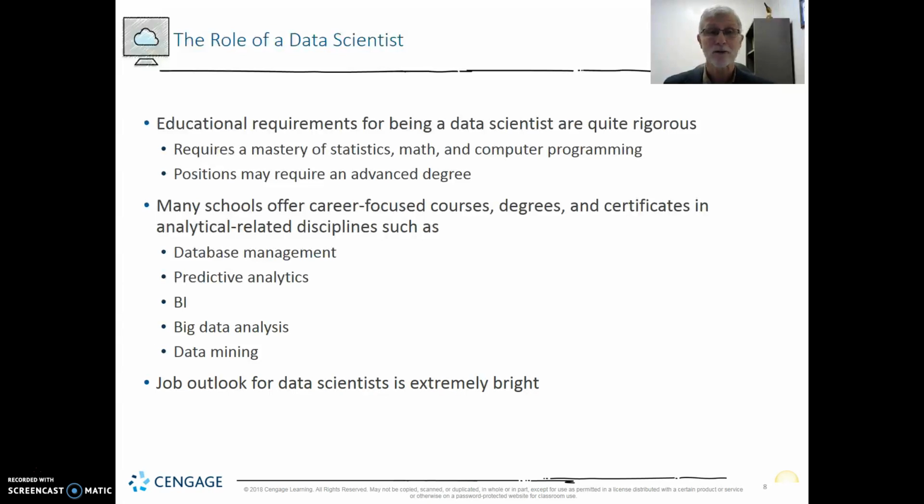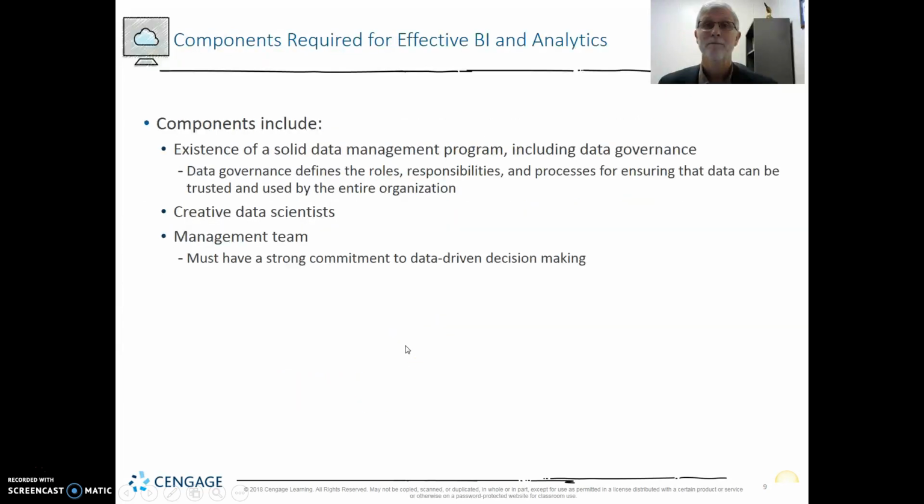It may require you to go to advanced schools, but it may be a good direction to go. There are certificates in data management and predictive analysis, different types of careers, degrees, and certifications that you can get. But the career outlook for data scientists is very bright.